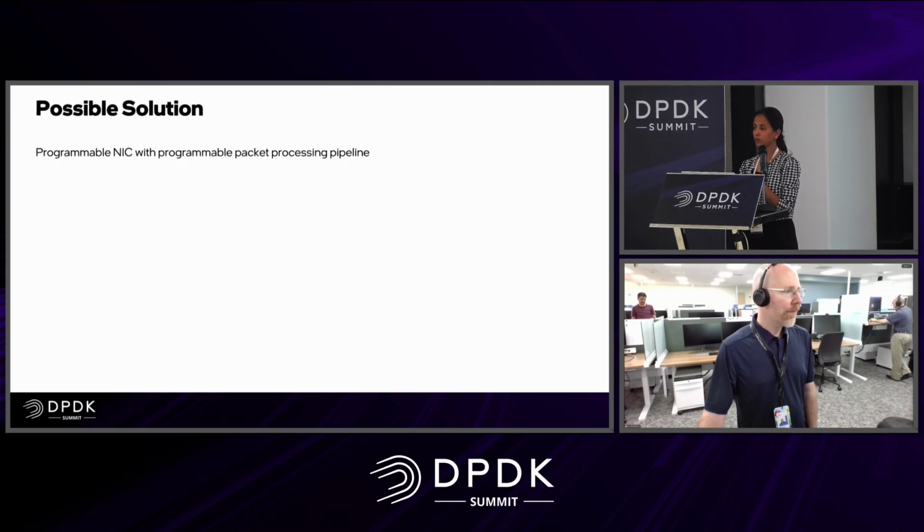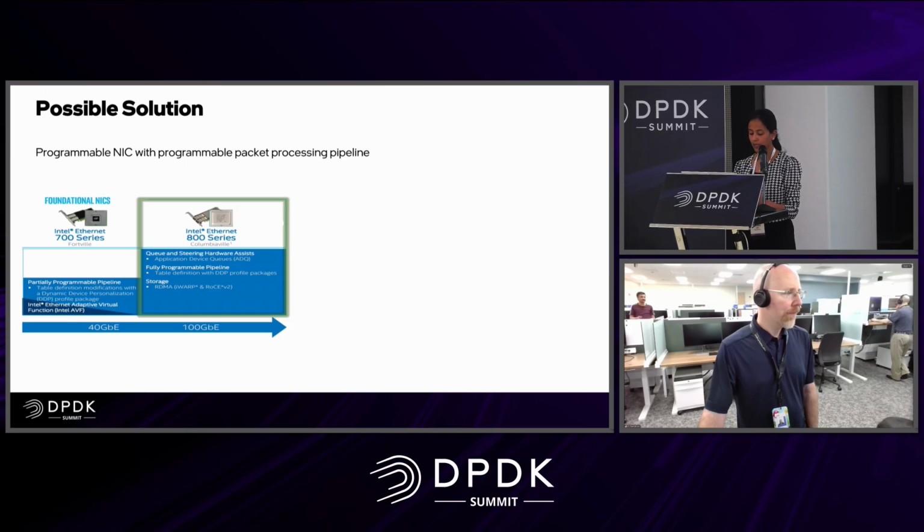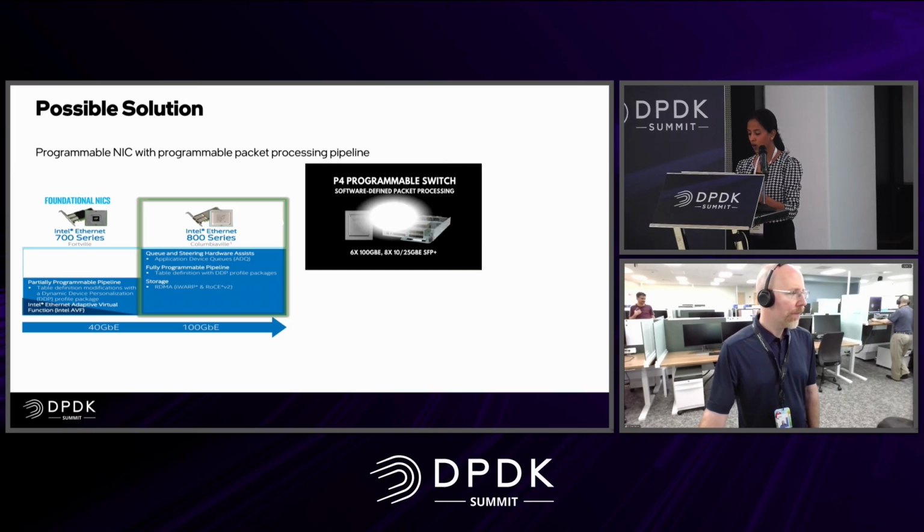For all the problems we have talked about, there is one solution: the programmable NIC with a programmable packet processing pipeline, which Lucas has already talked about a lot. A few examples are the Intel Ethernet adapters, the 700 series, which we call Fortville, and the 800 series, which we call Columbiaville.